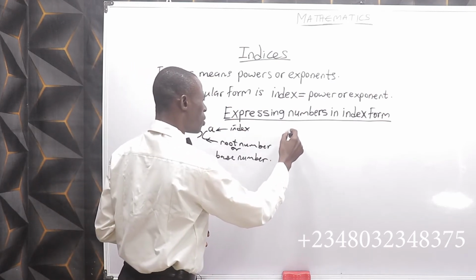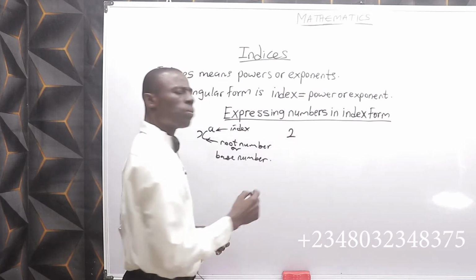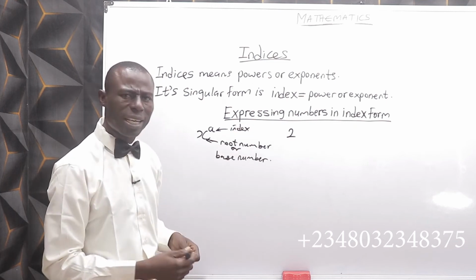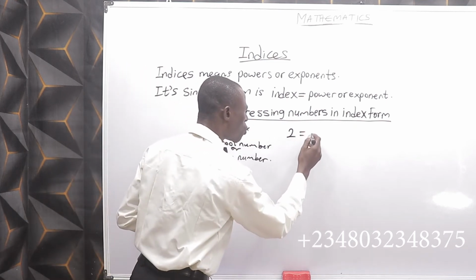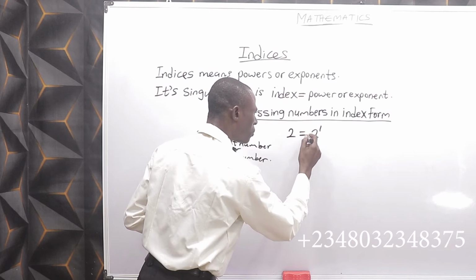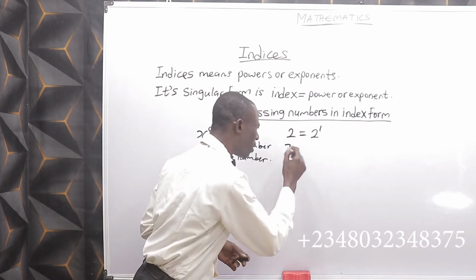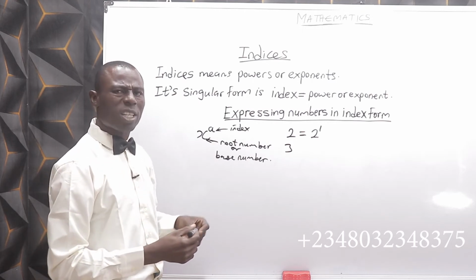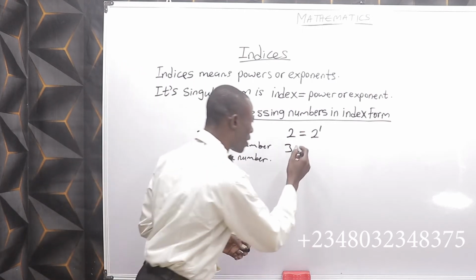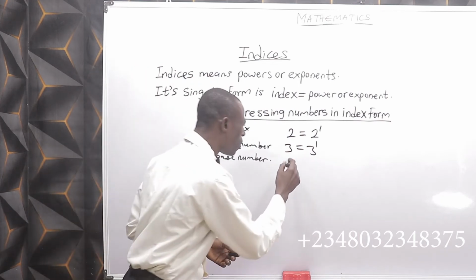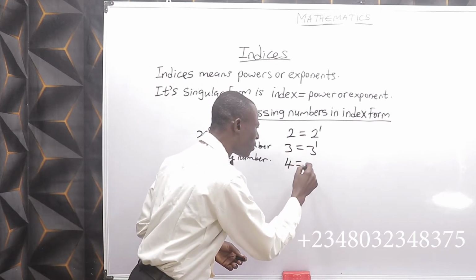Number 1, 2 is a number. To express it in index form, we write 2 raised to power 1. 3 is a number. To express it in index form, we write 3 raised to power 1. 4 is a number.